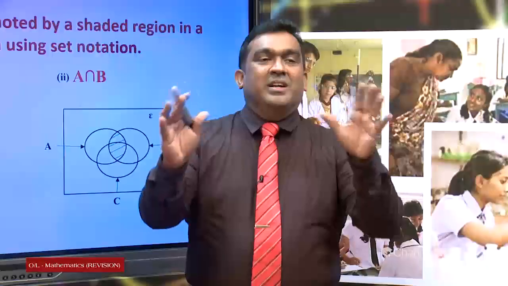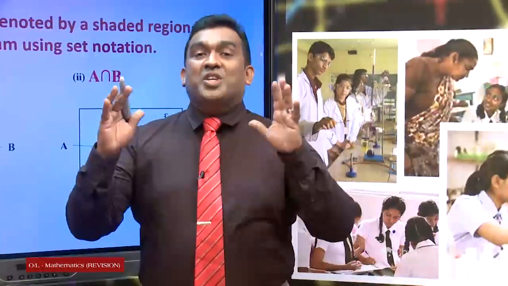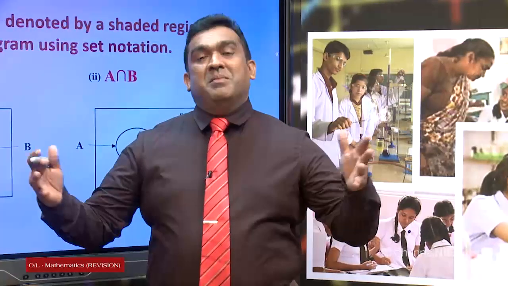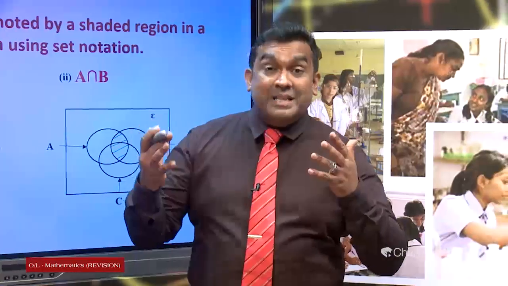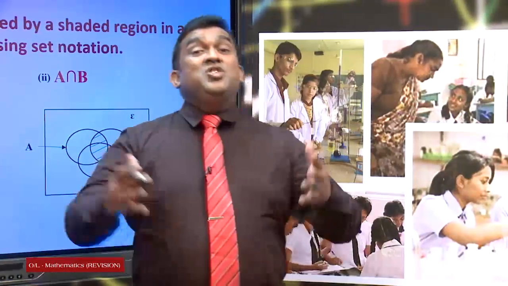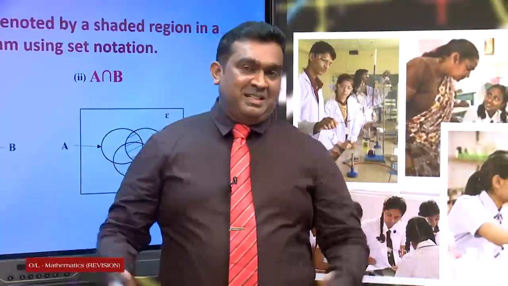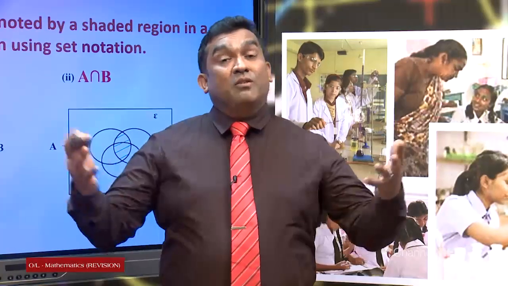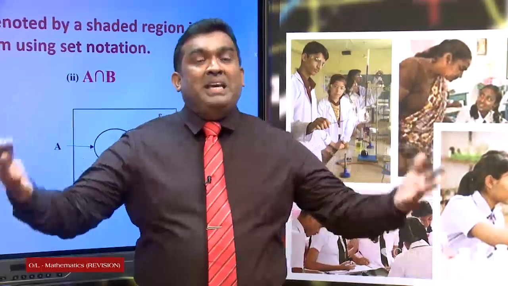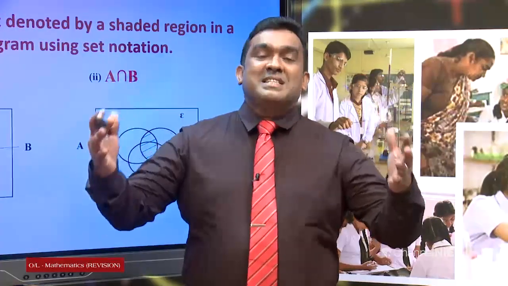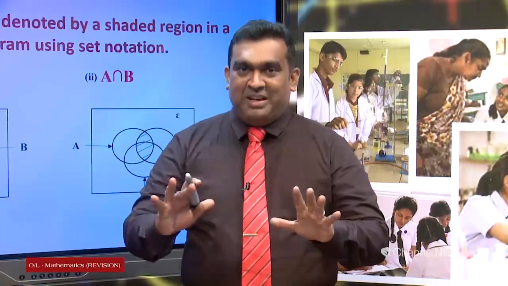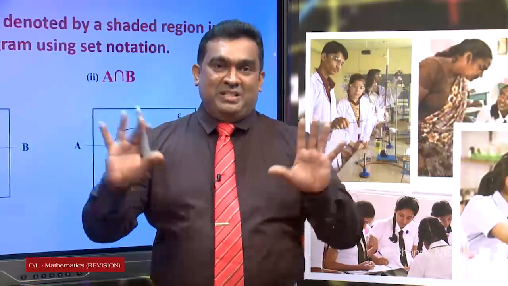Right? Complement of A means except A, the region in the universal set. Complement of B means except B, the region in the universal set. Identify. They are the notations.